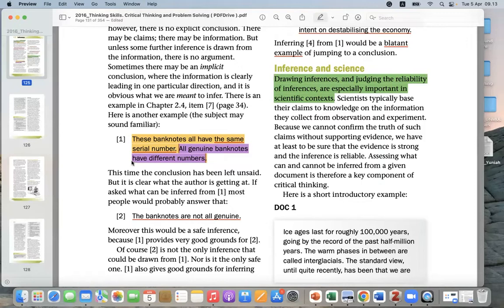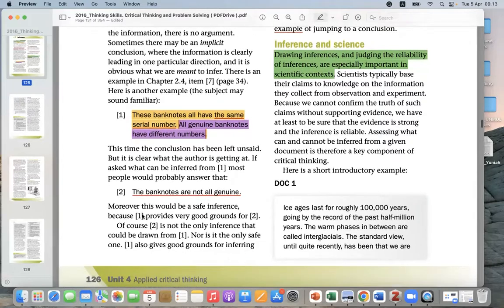You conclude from these two sentences: these banknotes all have the same serial number; all genuine banknotes have different numbers. So, therefore, the banknotes are not all genuine. Moreover, this would be a safe inference because number one provides very good ground for number two. Okay. Of course, number two is not the only inference that could be drawn from number one, but it is the only safe one.